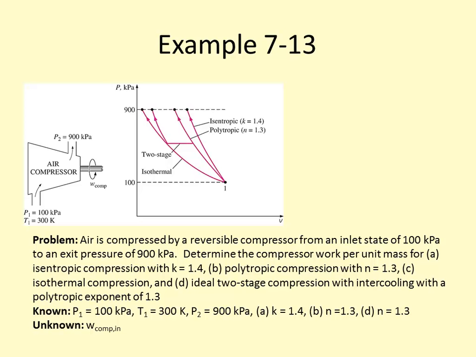So now our equation is similar to this one, but now we have two, well, I'll write it out. So we have nRT1 over n minus 1 times (Px over P1) to the (n minus 1) over n, minus 1, plus nRT1 over n minus 1 times (P2 over Px) to the (n minus 1) over n, minus 1.